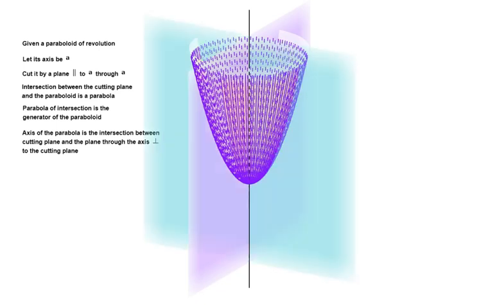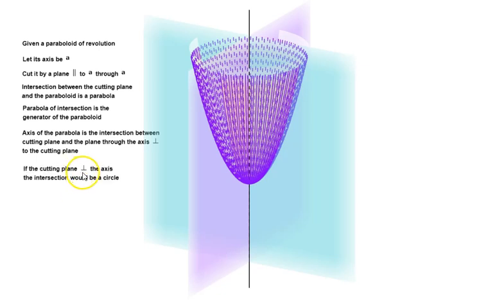So which is this plane. So the bluish plane is perpendicular to this purple plane and it passes through the axis. So the intersection between these two planes is the axis of the parabola. That is a generator of this paraboloid.